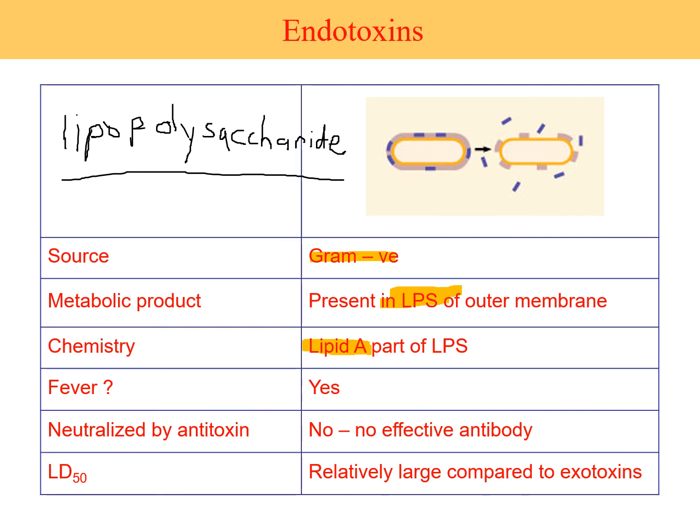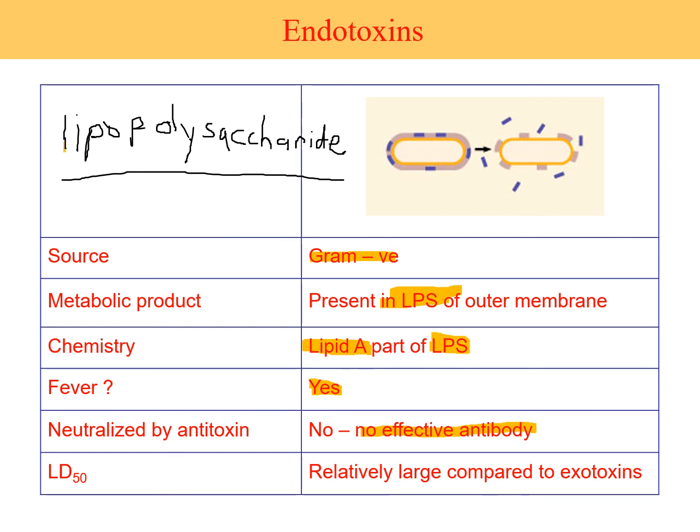Very characteristically, and unlike exotoxins, it does induce fever. That's one of the first ways its effect can be detected, by induction of a fever. There is no antibody or antitoxin that can be raised. You can't make a toxoid from it, so there's no effective antibody. The interesting thing is that all gram-negative organisms have pretty much the same LPS.